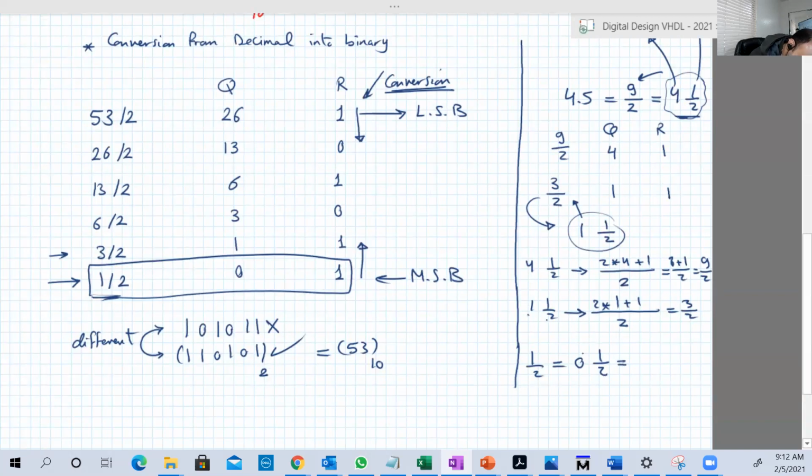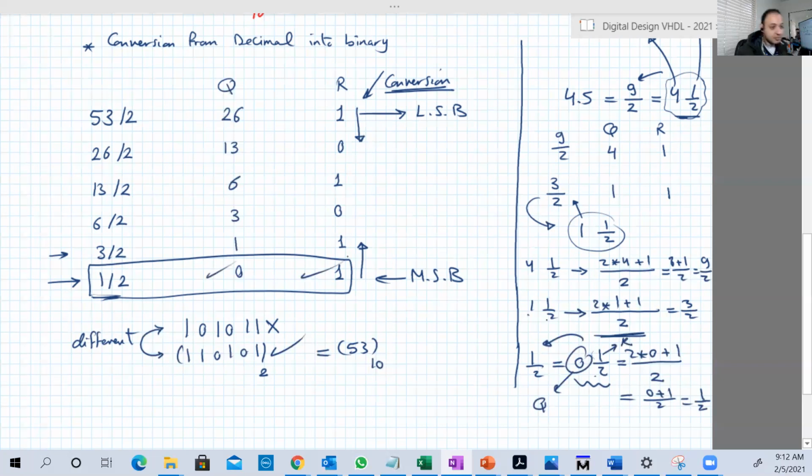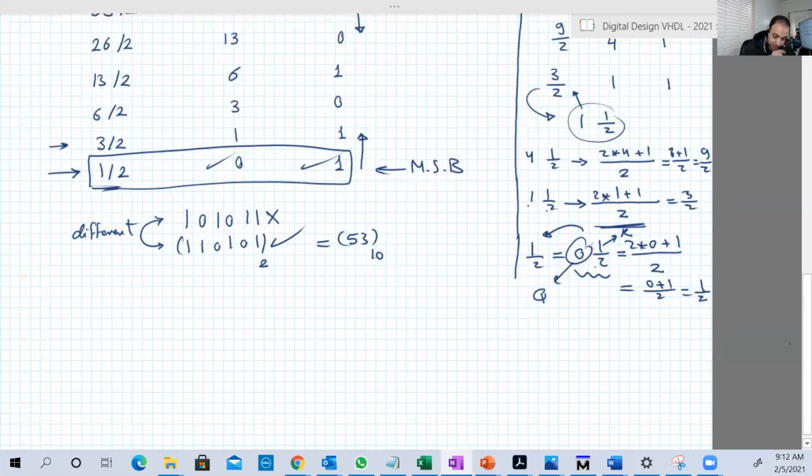So is this already really equal to this? Yes, let's do the same conversion here. We keep the 2, then we multiply 2 by 0, and we add the 1. This will give us 0 plus 1 over 2, which is 1 over 2. So this is basically the quotient, and this is basically the remainder. This is for those of you who didn't understand it well.